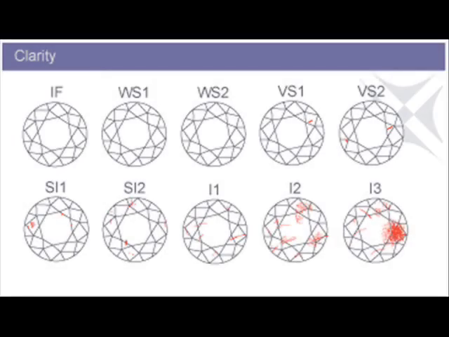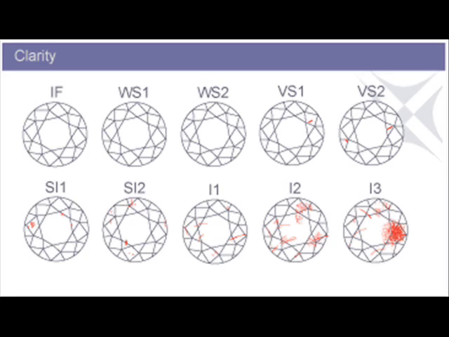The next picture is a terrific image of the diagram of a diamond and how inclusions are marked on that diagram on the GIA certificate. We'll discuss this a little bit more. Let's take a look. As you can see in the image, grades of internally flawless, VVS1 and VVS2 really have no imperfections or inclusions which are marked on the diagram by the GIA.